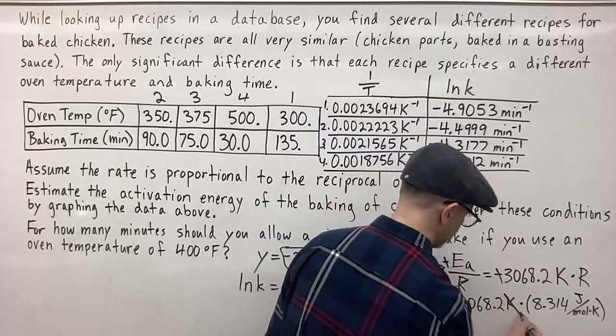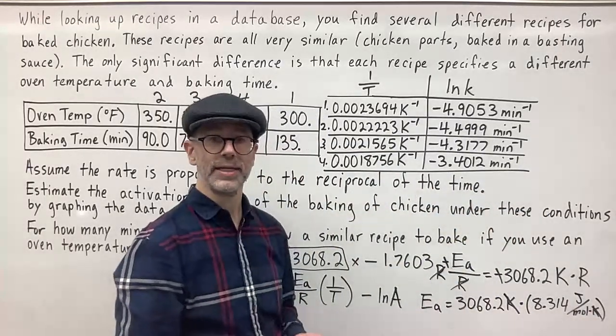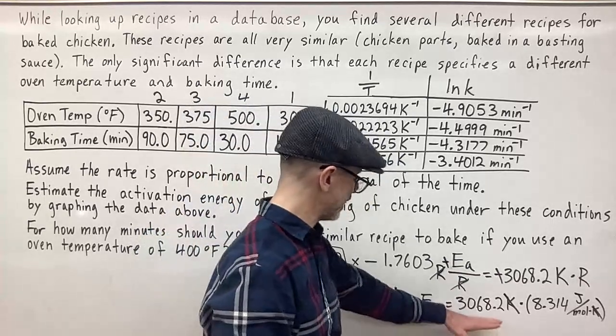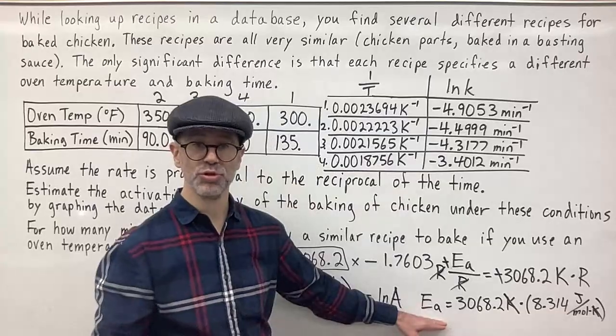Now the Kelvin cancels out and we're left with joules per mole. And so now all we have to do is multiply this by this and we'll get our activation energy in terms of joule per mole.